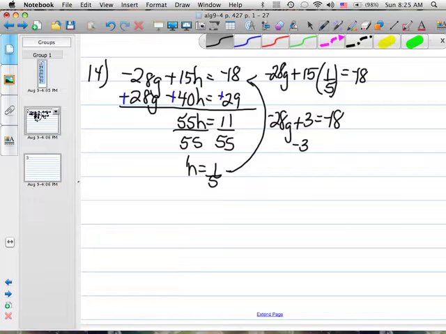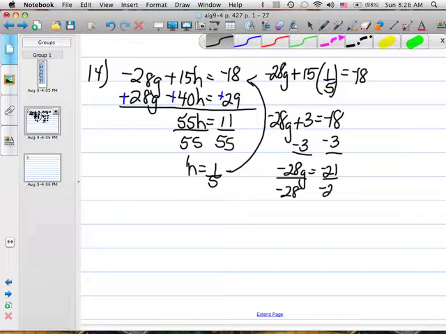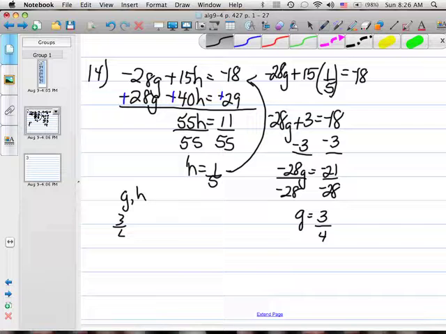Subtract 3 from both sides. And we get negative 28g equals negative 21. Divide by negative 28. And g equals 3/4, since 7 goes into 21 three times and into 28 four times. So our ordered pair is G, H, and G is 3/4 and H is 1/5.